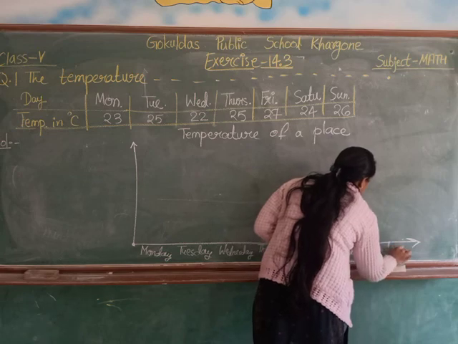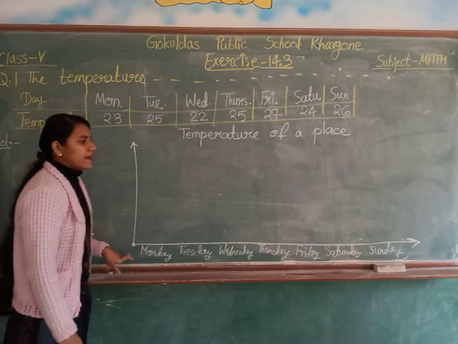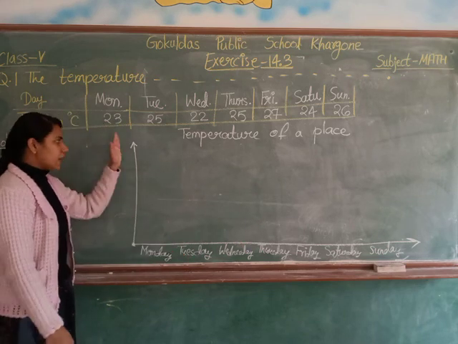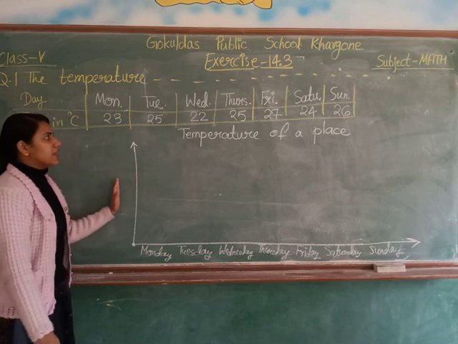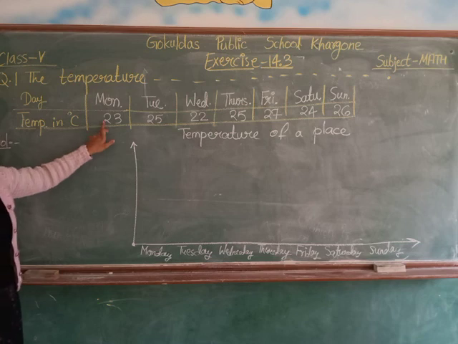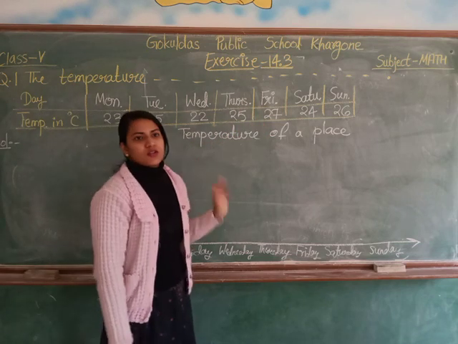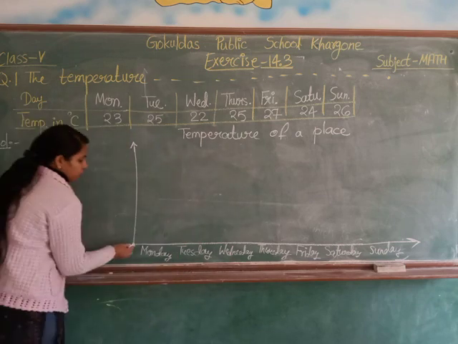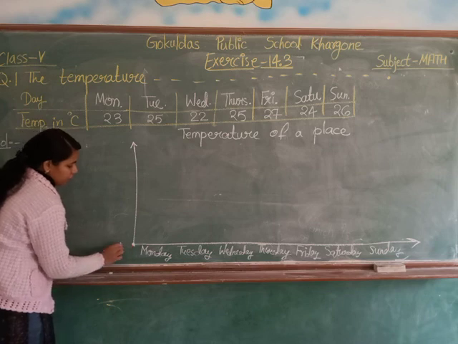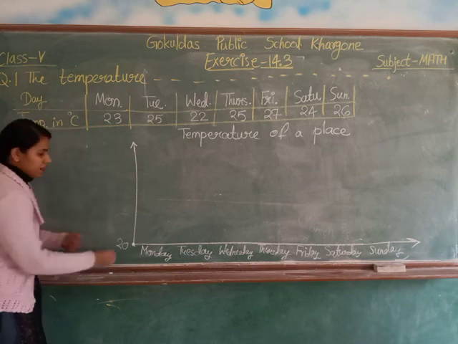It is very easy to draw. Write the title, draw the vertical line, draw the horizontal line, write data for the horizontal line. Now we will write the data for the vertical line using the table. Observe the table, the numbers are given from 23 to 27. So on my vertical line I am going to write the numbers from 20. This point I am considering as 20.